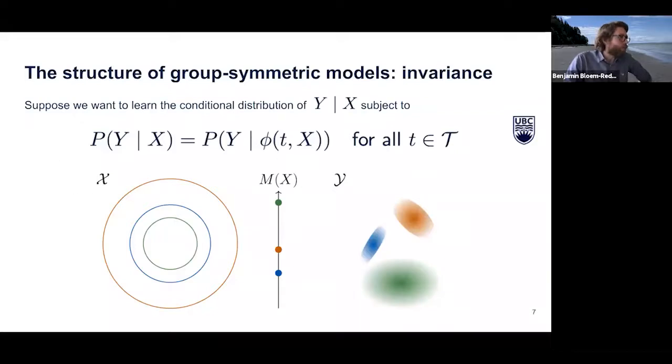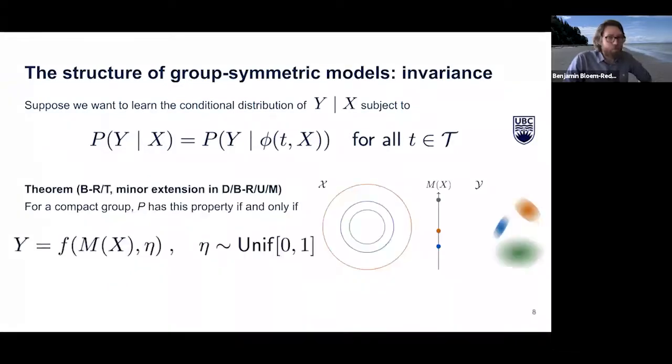And so we can formulate this in terms of functions. These are equivalent, but it's easiest to describe in the case of a compact group. Our conditional distribution P of y given x has this invariance property if and only if y can be expressed as a function of this maximal invariant and some random noise.